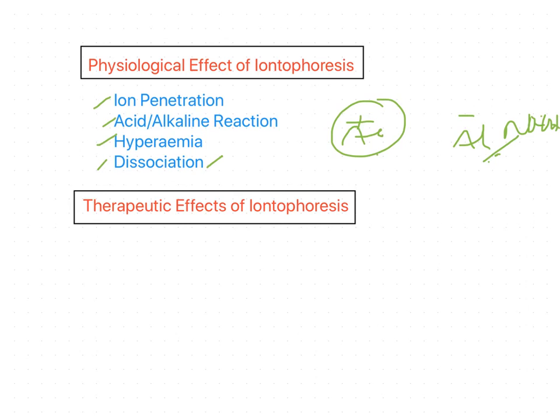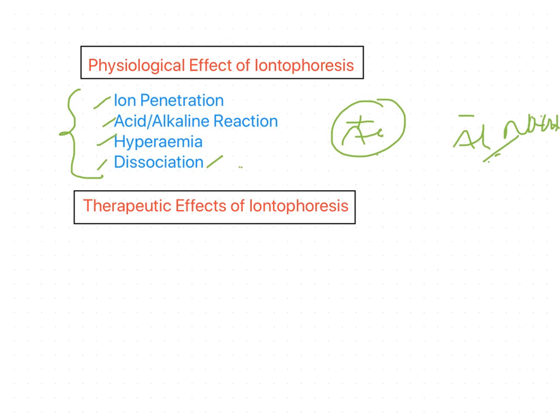These are all the physiological effects for all the ions. These four are common to all the ions, and we use specific ions for specific treatments, although all the ions will show such physiological effects.